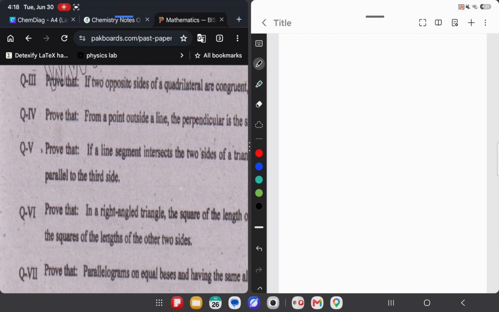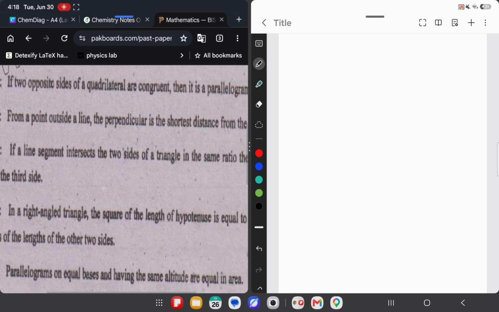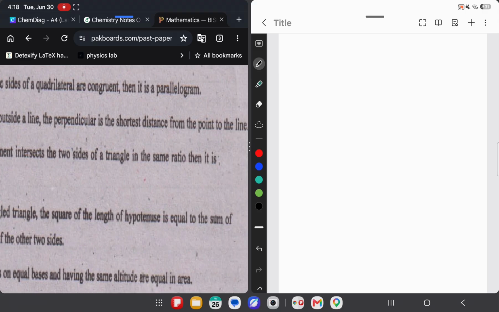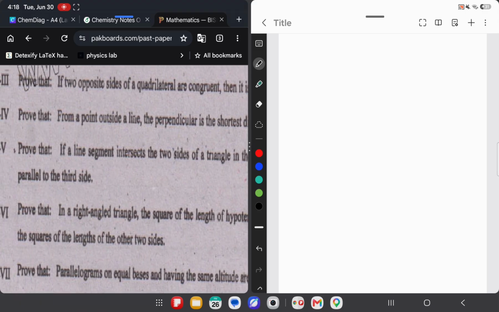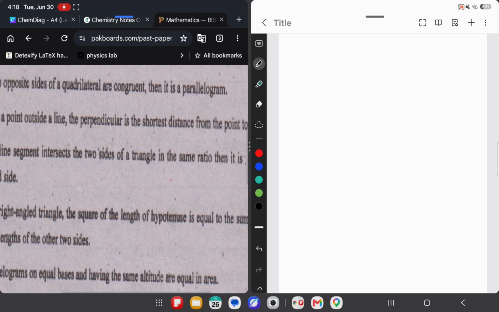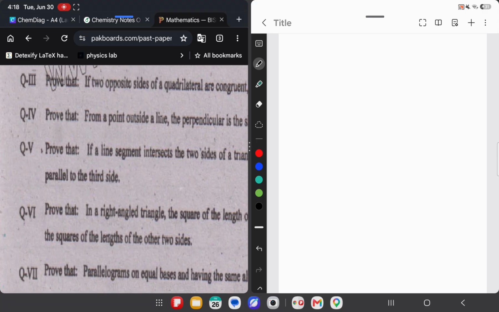Prove that if two opposite sides of a quadrilateral are congruent, then it is a parallelogram. How can sides be congruent? Okay, whatever.